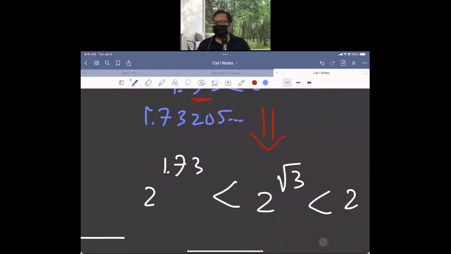When we did that, we can define that the irrational number in the exponent belongs to our function. That is what is going on.